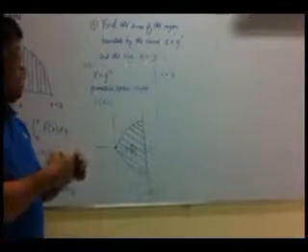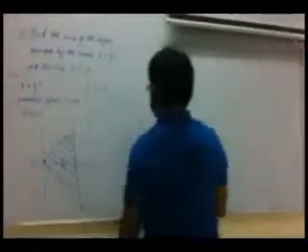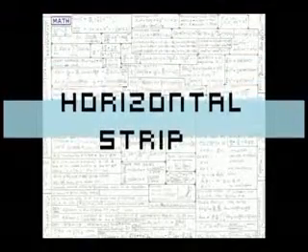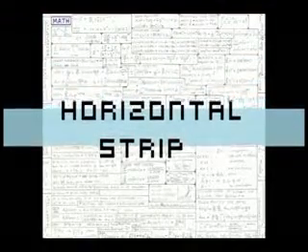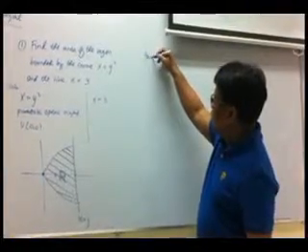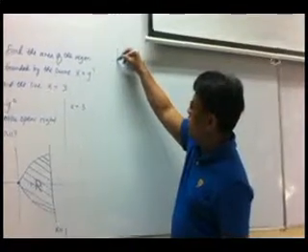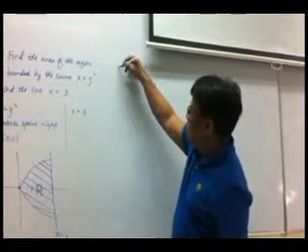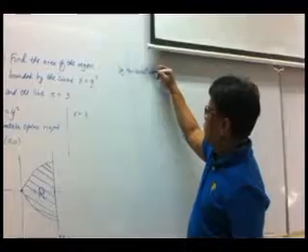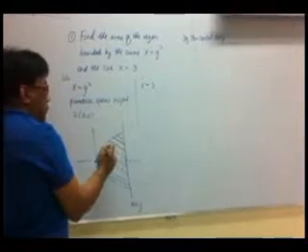So let us now define the area using the strip, which is a horizontal strip. So by horizontal strip, you draw a rectangle from here, from the graph.